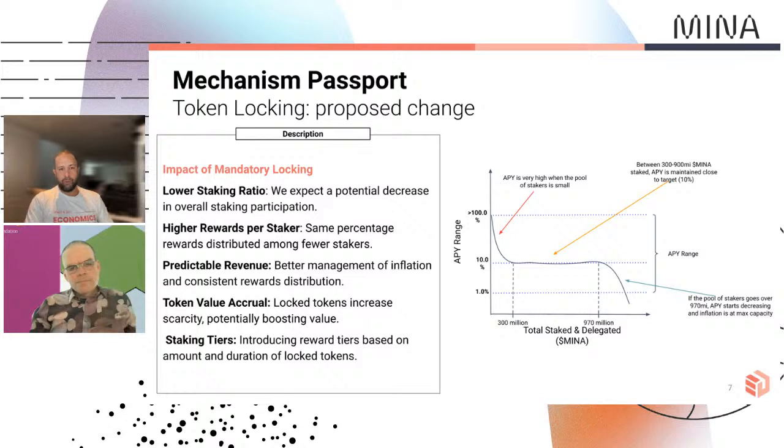If we reduce the staking ratio, this means that there are fewer people staking, fewer tokens being staked in the protocol, which also means that the overall rewards that we're distributing, we are distributing to fewer people. That also obviously means that the fewer participants will potentially be earning higher rewards because of that mechanism.